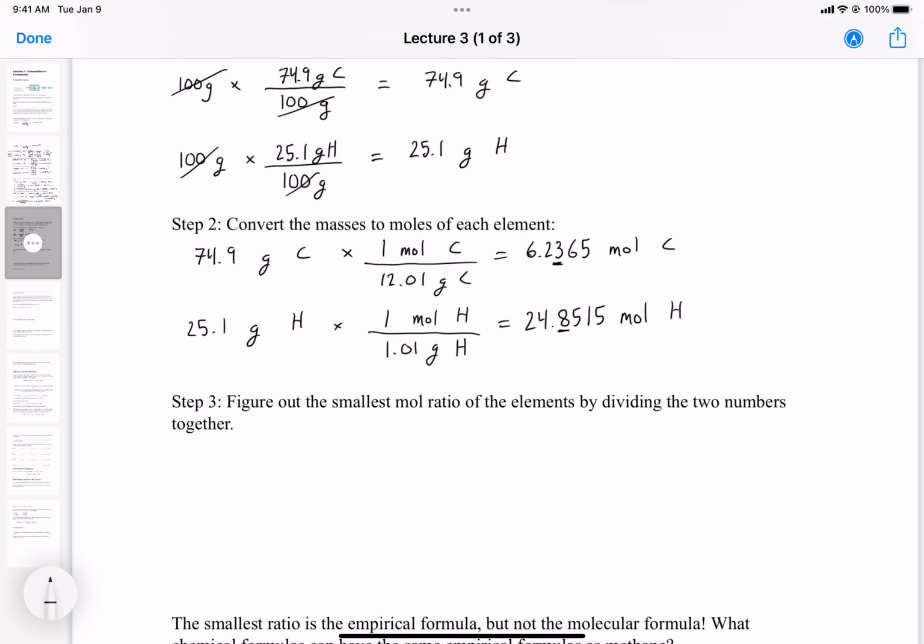Okay. So I like to draw a box here. I would say carbon, hydrogen.